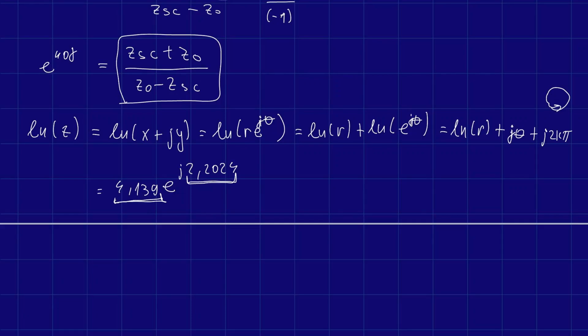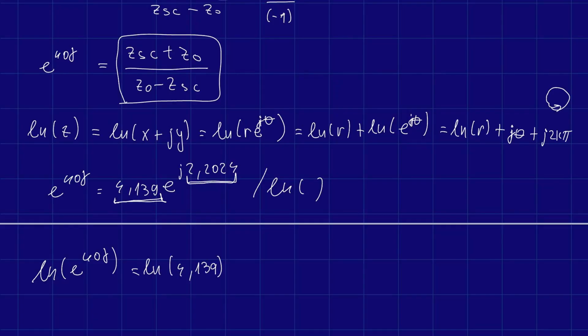So now we apply the natural logarithm to both sides, okay? And we have the natural logarithm of the left side equals the natural logarithm of our r, which is this right here, plus j multiplied by our angle, which is this right here, plus j multiplied by 2k pi.